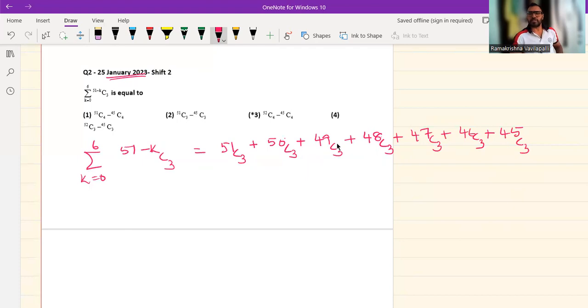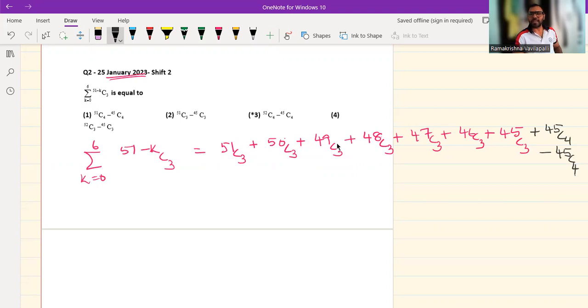Now we want to simplify this using that formula nCr plus nC(r minus 1) equal to (n plus 1)Cr. Here what should be added and what should be subtracted? Here I will add 45C4 and subtract 45C4.